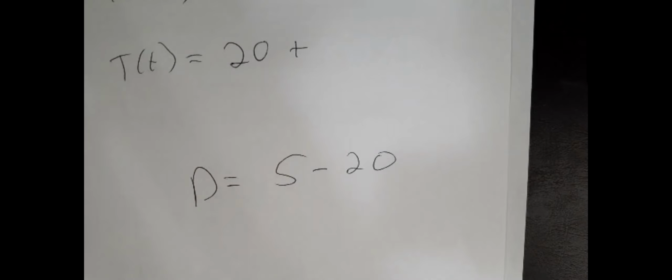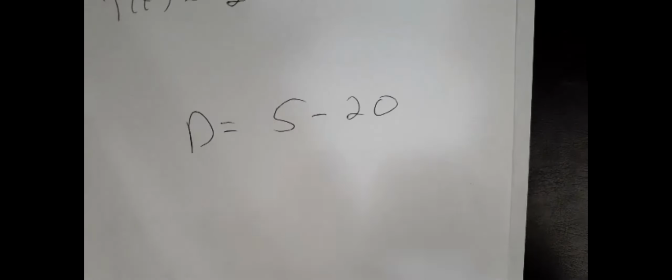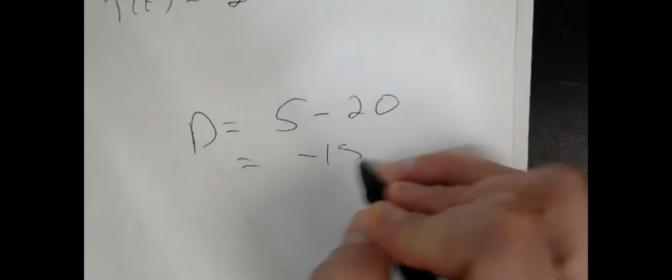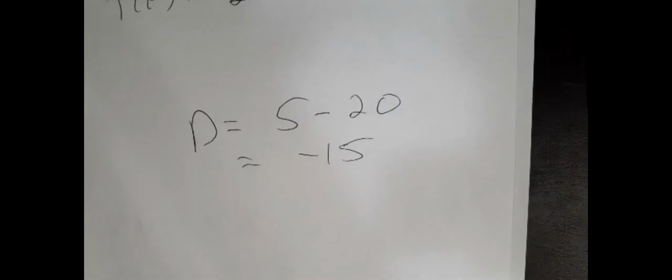Make sure I'm doing this. Didn't read that correctly, right? Yeah, temperature of the room is 20. So my D should be minus 15. It should be negative.